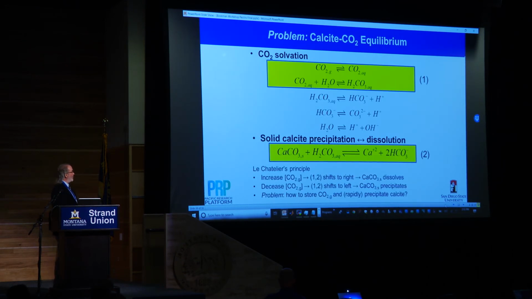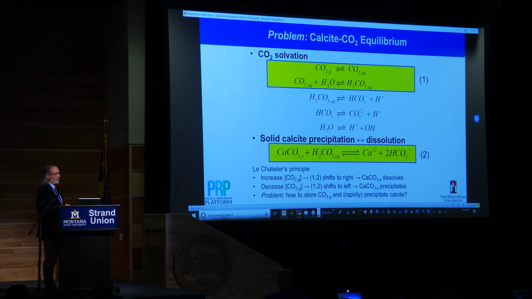Now, it's a problem because injecting CO2 gas into water and precipitating calcite are actually competing processes. If you inject carbon dioxide into water, you'll form carbonic acid. But if the concentration of carbonic acid increases, you'll actually dissolve the mineral that you want to preserve.